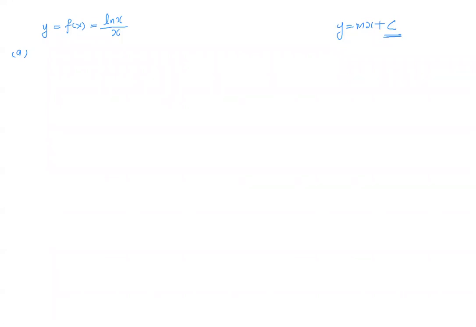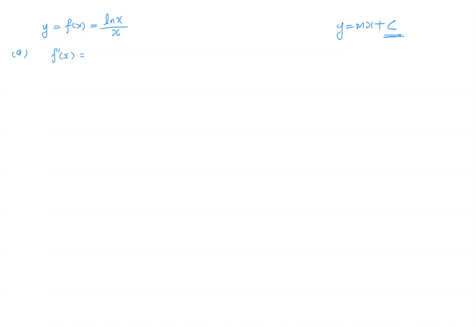If I want to find the equation of the tangent, what must I do first? I must find the slope function. So always get the process in your mind. First step, I will find f prime x. This step is very important. You have to do it properly.